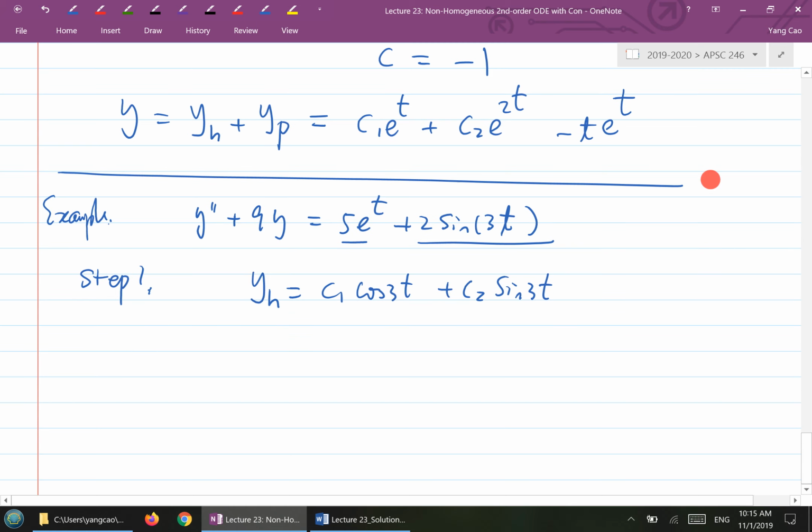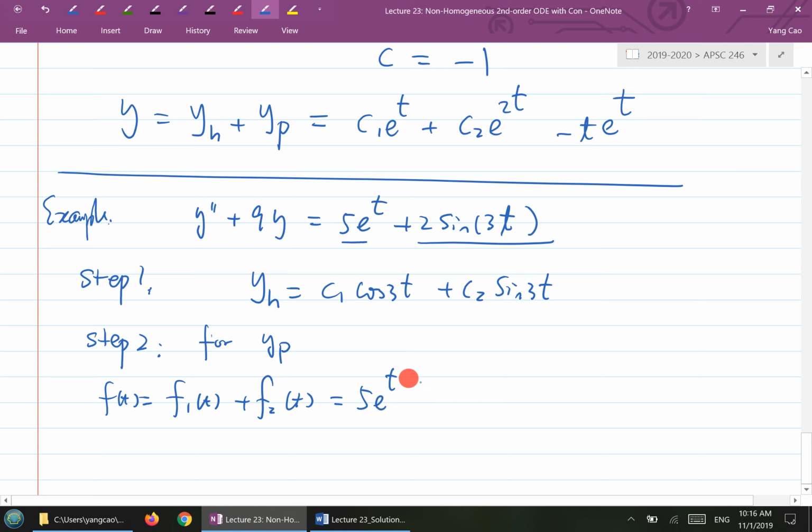Step 2 is for YP. For YP, we look at the inputs of the system. And f of t is basically the addition of two functions, 5 e to the power t and 2 times sine 3t. Okay?